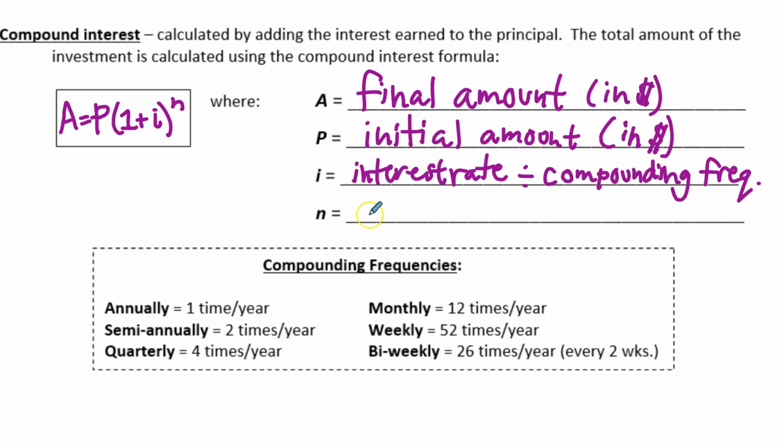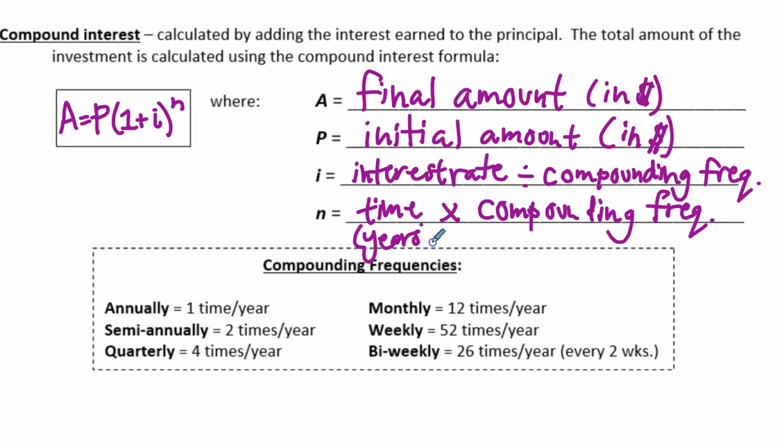Okay, N is still your time, but this is multiplied by the compounding frequency. Okay, so the time is still in years, sorry. The time is always in years, but now it is multiplied by how many times we're adding interest each year.